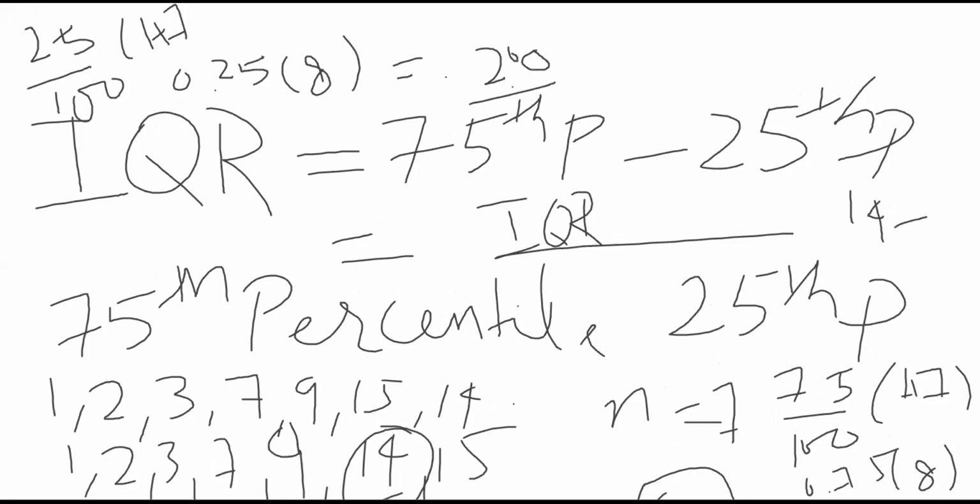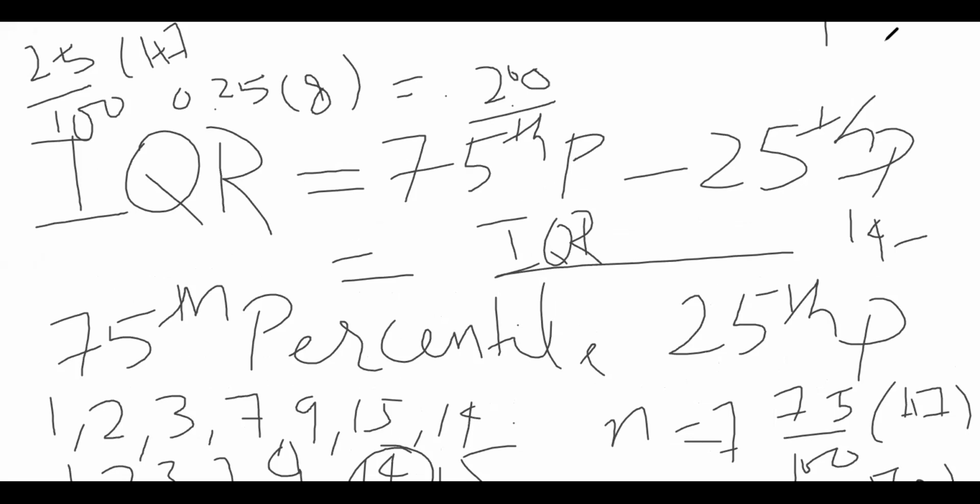So the second term would be our 25th percentile. So 14 would be the 75th percentile, and the second term, that is 2, would be the 25th percentile. So 14 minus 2 is 12. So 12 is our interquartile range. Hope you all are clear with this.